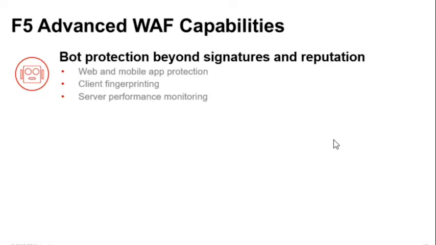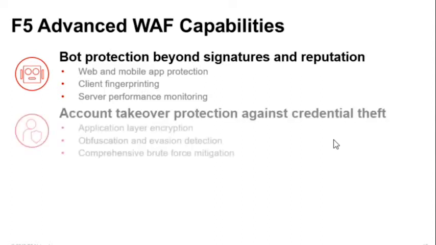When a device connects, we can fingerprint it so that if the IP address changes, we still know whether that's a bad device or a good device that's trying to connect into our environment. And at the same time, monitor the performance of the server to make sure that if a bot is interacting with the server, and we see that the server is starting to respond in a negative way, we know that this is malicious. The other thing that we need to be aware of is our users.